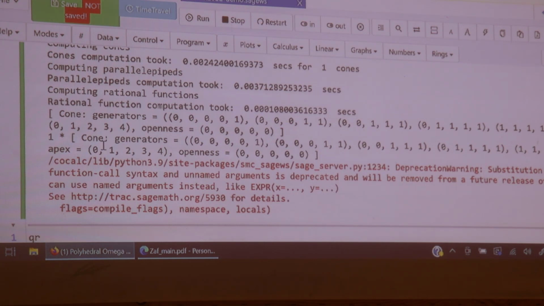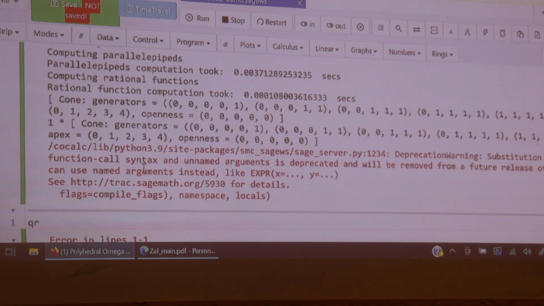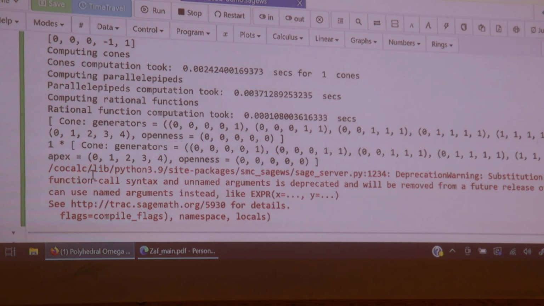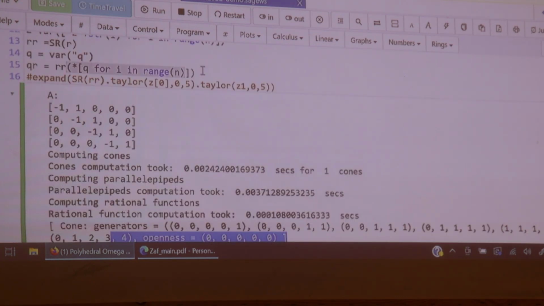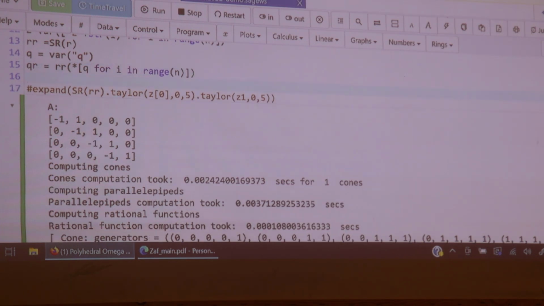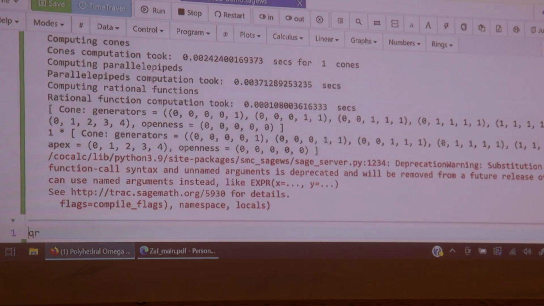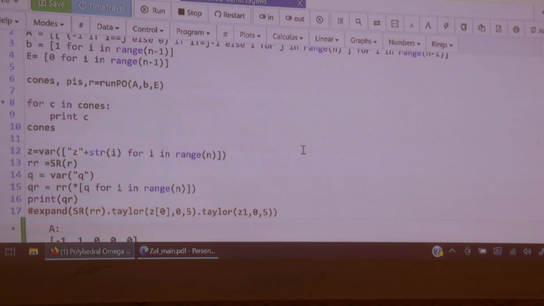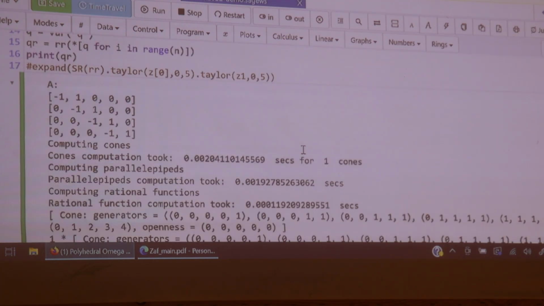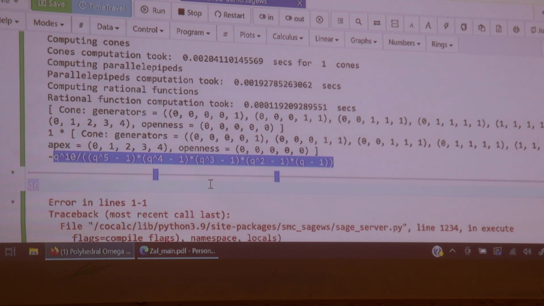And what I get is, where is it? So these are the cones I got. I'm printing it now. It's this one. So this is the generating function for distinct partitions with 5 parts.